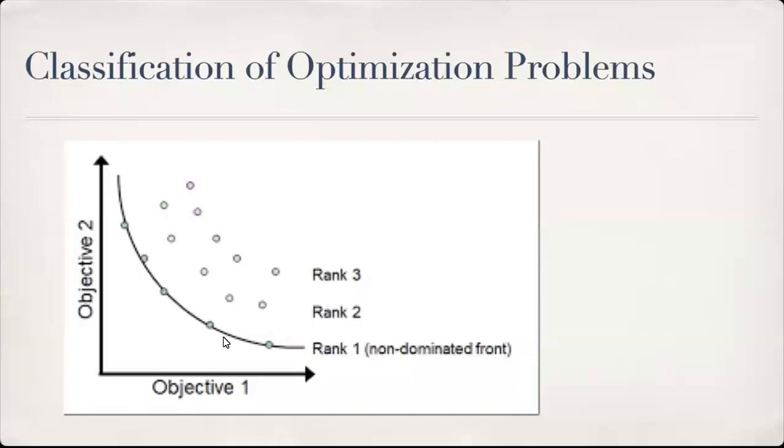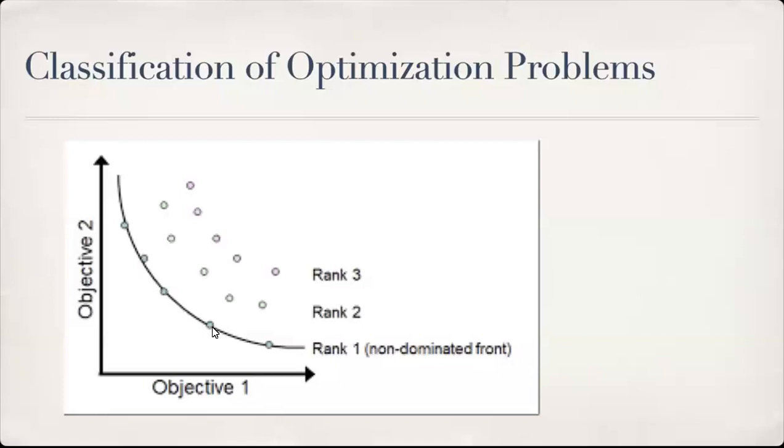Okay, so we see that this point and this point belong to the non-dominated front, right? However, if we compare this point with this point, you see that this point is dominated by this point, right? So it's not our solution, right?